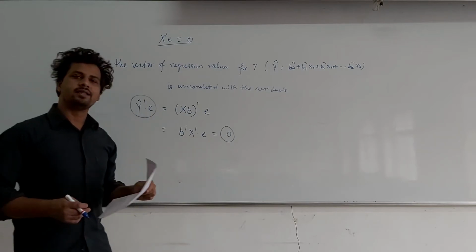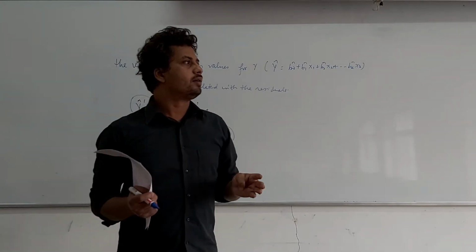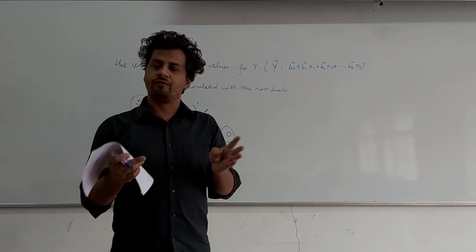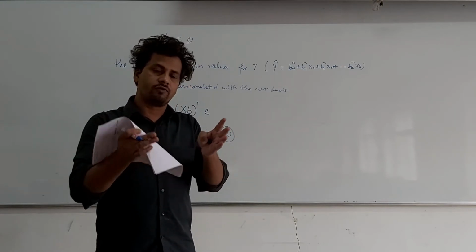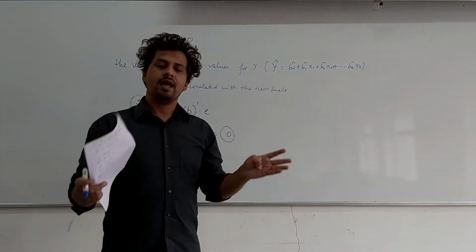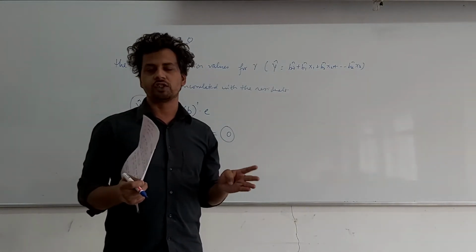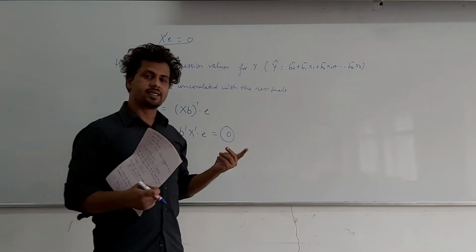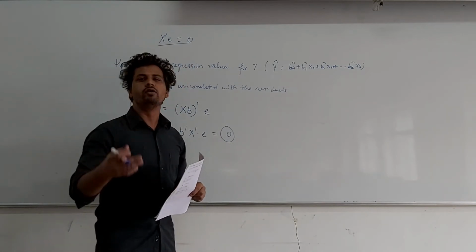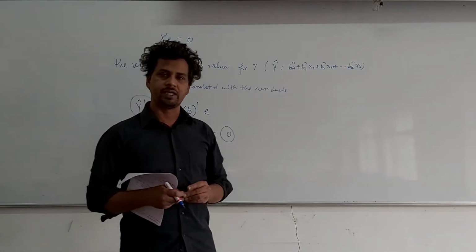So what it says is that the linear combination of all those explanatory vectors and the residual term are perfectly orthogonal to each other. And if you remember our last discussion, intuitively what is the OLS method of estimation?